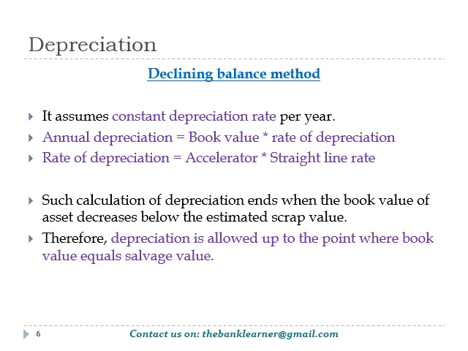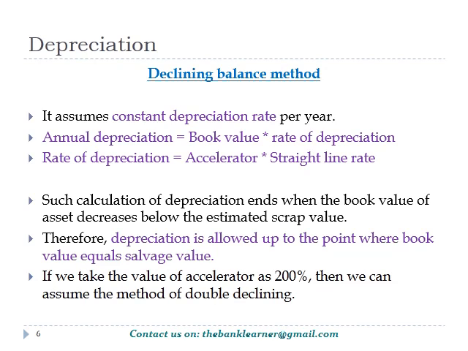Here, such calculation stops when the book value falls below the estimated scrap value. In other words, the depreciation is allowed up to the point where book value equals the scrap value. If the value of accelerator is 200%, then it usually becomes the double declining method.